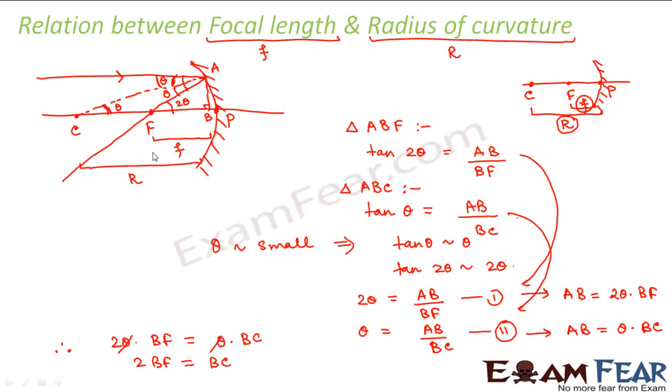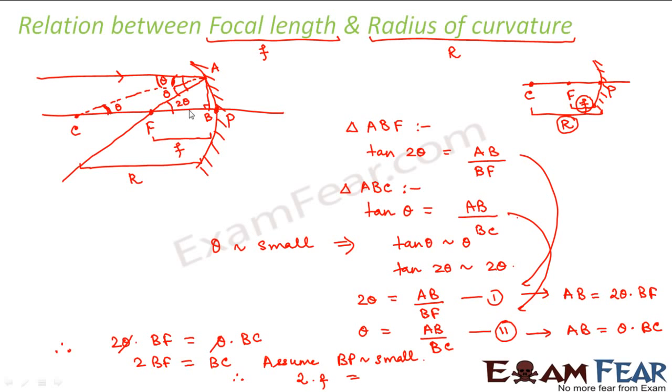Now what is BF? See, this B is very close to the pole, that is P. So we assume that BP is very small. Since B is very close to P, we assume that BP is extremely small and it can be neglected. Therefore, this BF can be considered as PF, right? So we can say that 2 into F is equal to, what is BC?